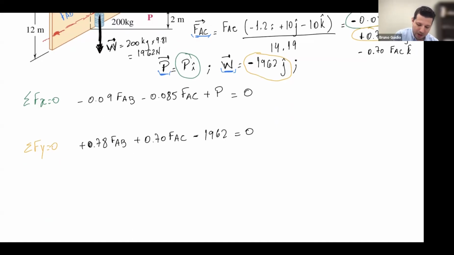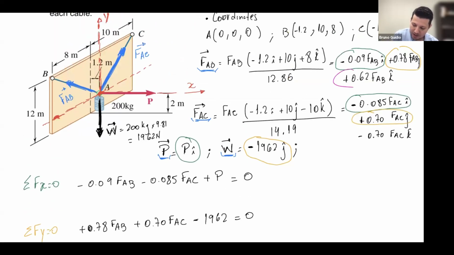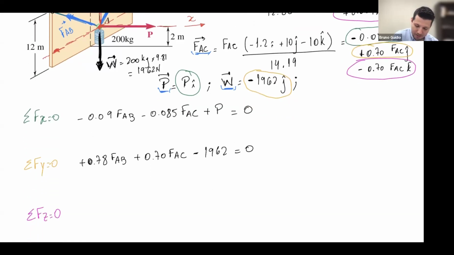Let me write this third equation before I decide which one I'm going to substitute in. It's always good to write those equations, so maybe you can find something easier to work with. Let's see for Z: positive 0.62 FAB, negative 0.7 FAC equal to 0.